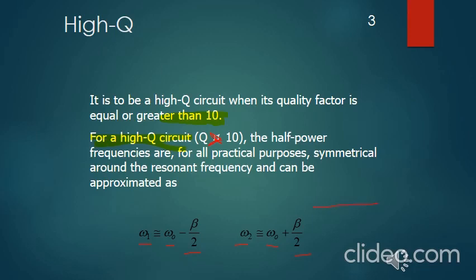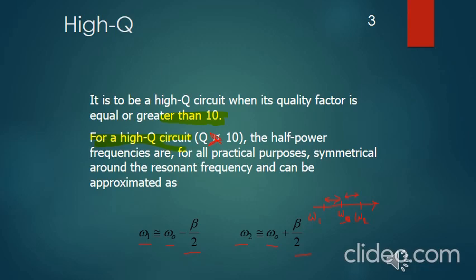If that is the frequency axis, and omega naught is the center or cutoff frequency, then omega 1 and omega 2 will be equidistant from it. That is known as symmetrical, and the distance will be half of the bandwidth.